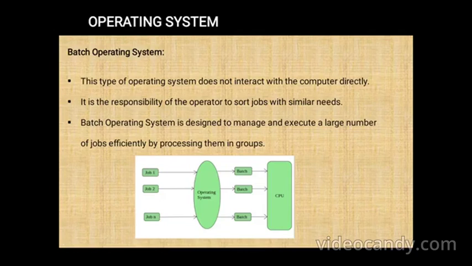The workflow of this batch operating system is: first job submission, afterwards scheduling the particular job, later it will execute that particular job, and finally it will complete the process. Major applications of this batch operating system are data processing and scientific computations.